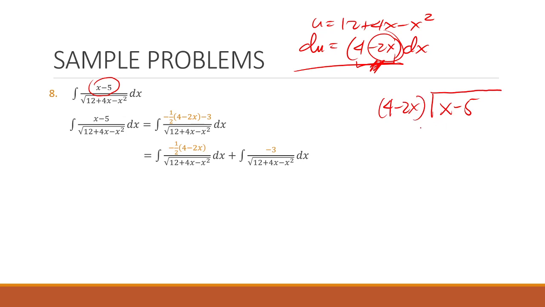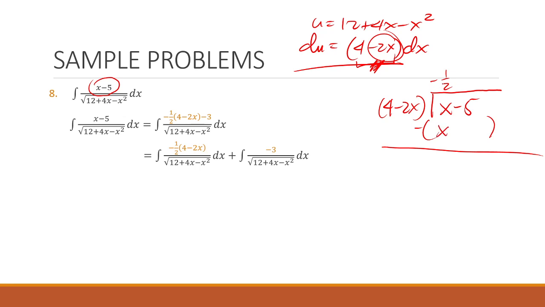Okay? Sige, let's proceed with the division operation. So, x minus 5 divided by 4 minus 2x, we have to eliminate x first. So, in order to eliminate x, we have to multiply what? Negative 1/2.